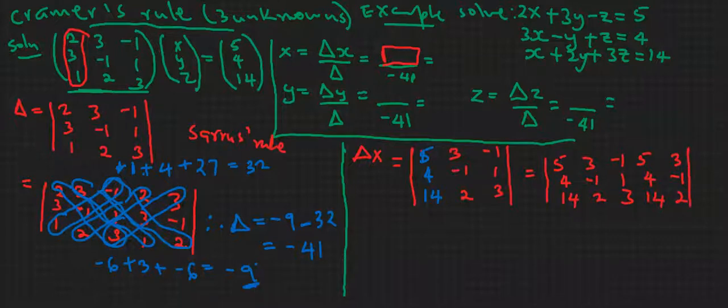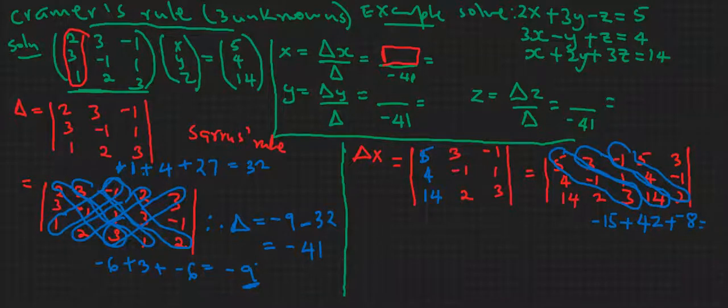Then you find the product of the elements in this diagonal. 5 times negative 1 times 3, that's negative 15, plus 3 times 1 times 14, and that is 42, plus negative 1 times 4 times 2, that is negative 8.